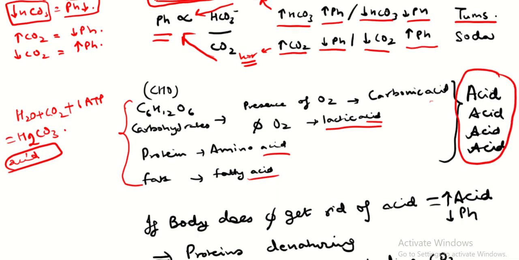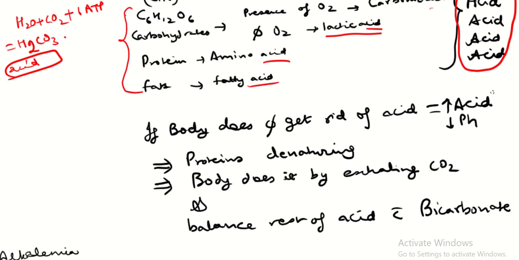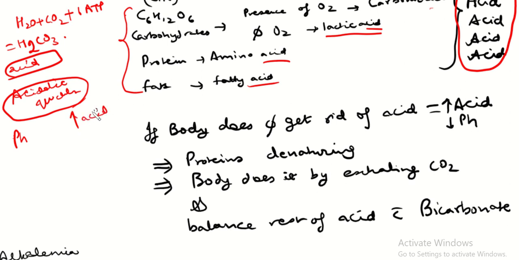So in other words, if I don't get rid of the acid, what's going to happen to my body? It's going to become acidotic very, very quickly. So I got to get rid of the acid. What's going to happen to my pH? Acid goes high, pH goes low.